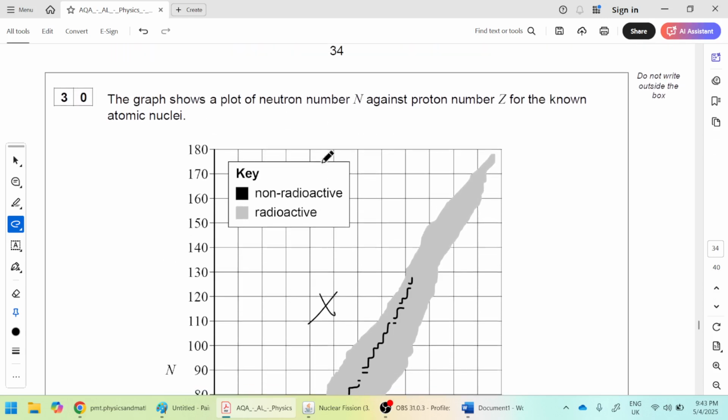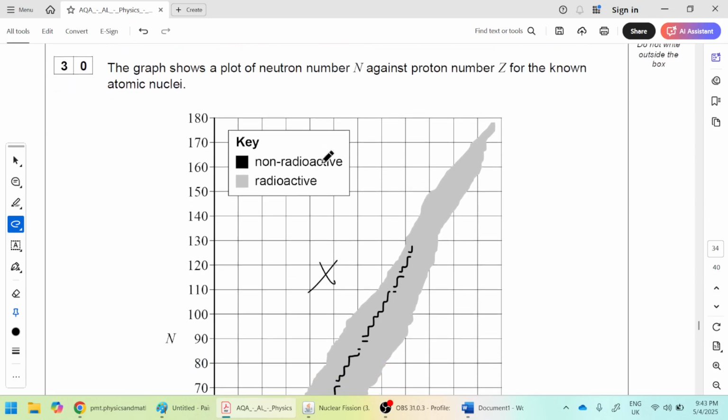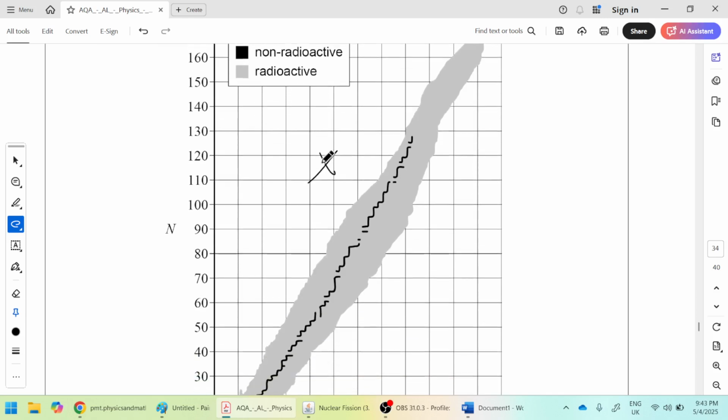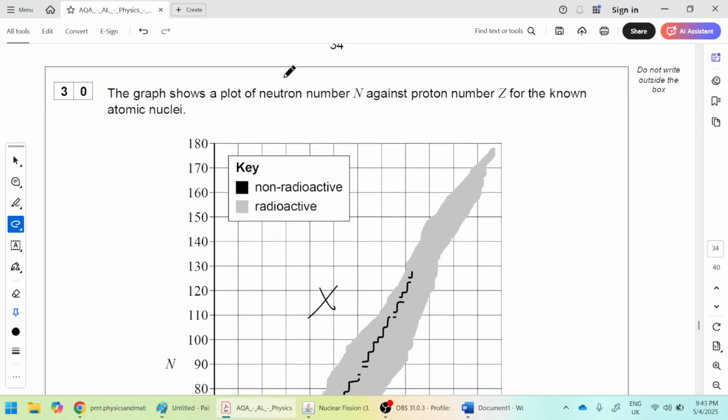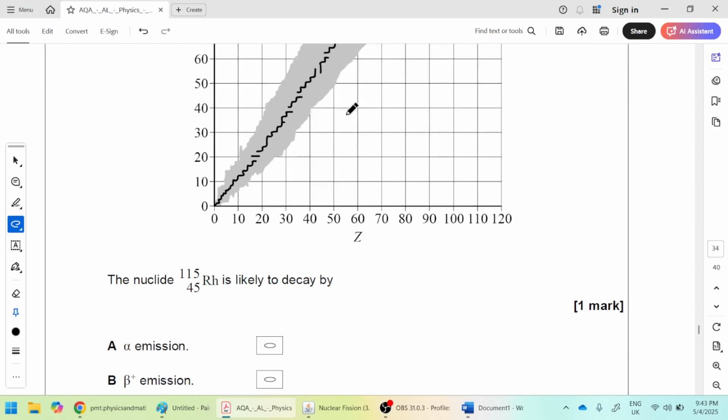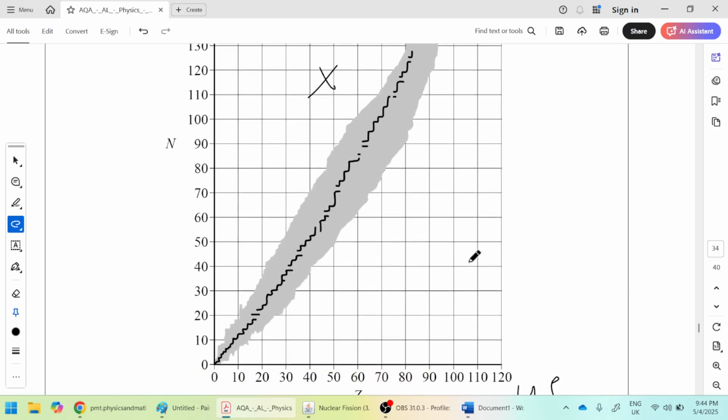Oh, sorry. Neutron number, not the nucleon number. It's a neutron number. So if it has 115 neutrons, it's 115 minus 45, which is 70. 45, 70. We're actually over here.